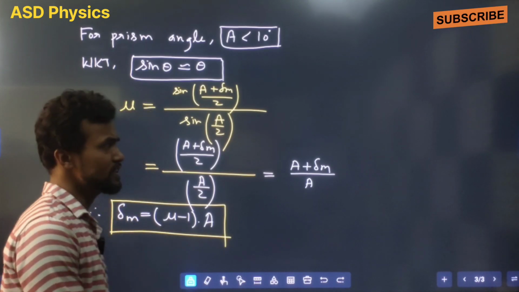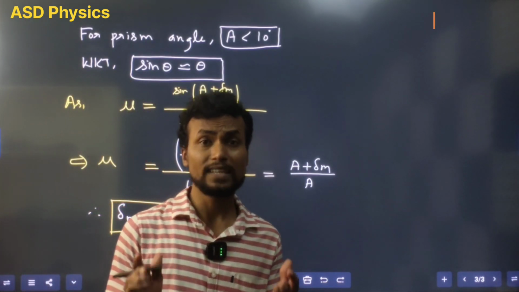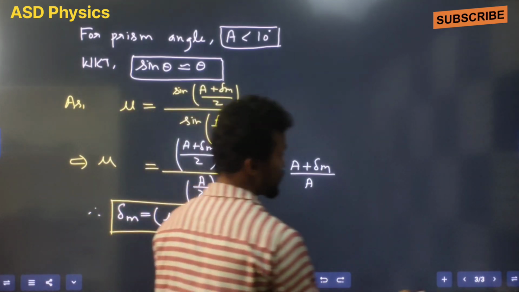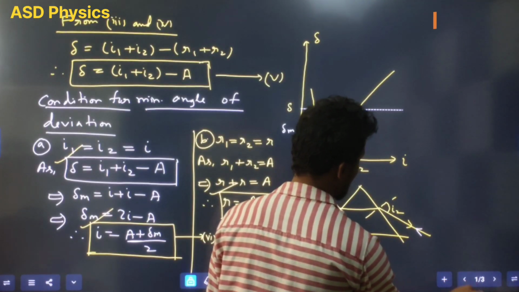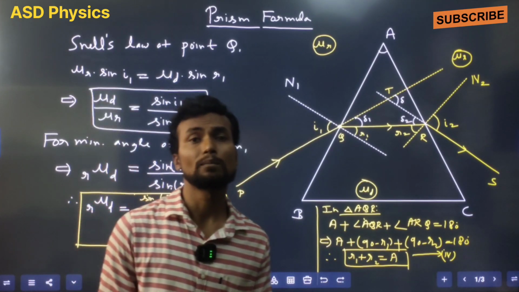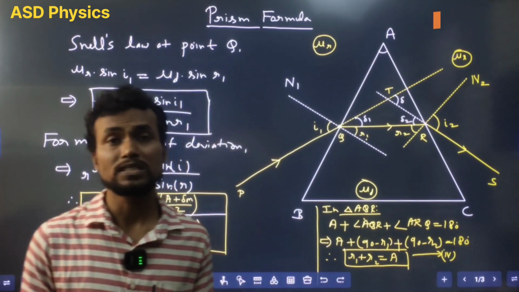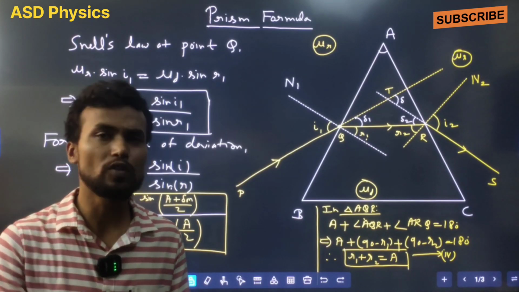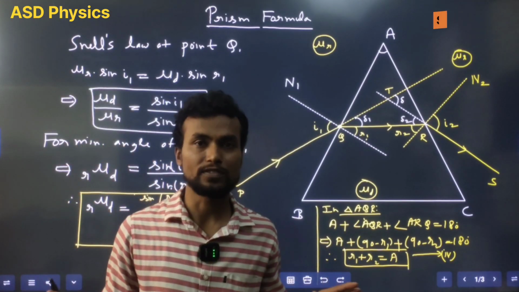Students, here we have learned the very basics of the Prism formula. Please remember one thing, and I am telling you again very clearly. Let me go back. The formulas delta equals i1 plus i2 minus A, and r1 plus r2 equals A, are applicable in any situation.